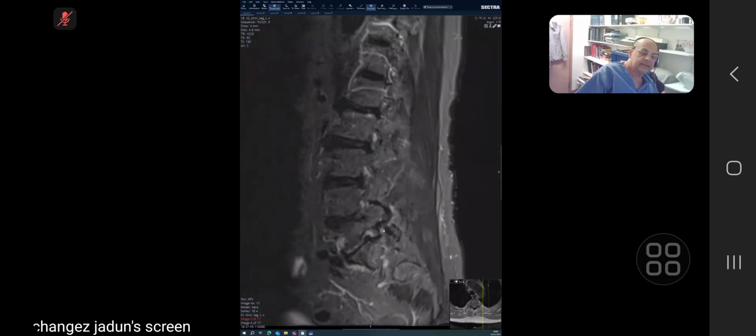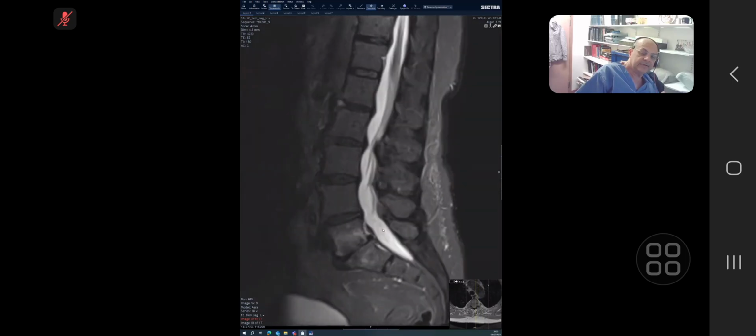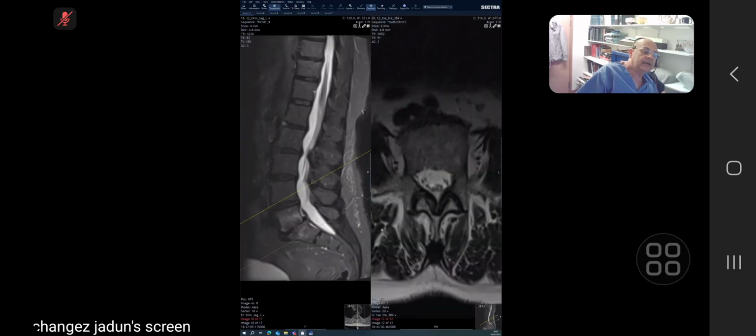You suspect a pars defect with mild degenerative anterolisthesis of L5 over S1 vertebra. But I told you that this patient has got a whole spine MR, so would you want to see the thoracic and other areas?